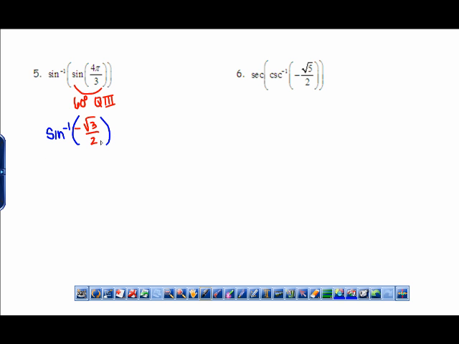Now we're doing a principal value. What is arc sine of negative root 3 over 2? I'm going to give you a couple seconds to try to finish it on your own.